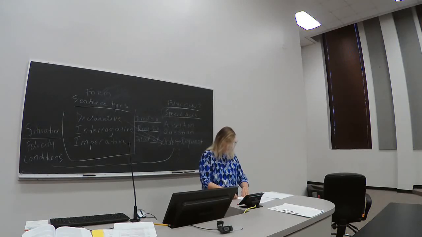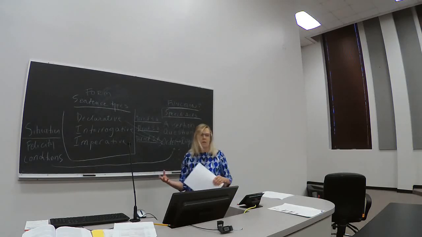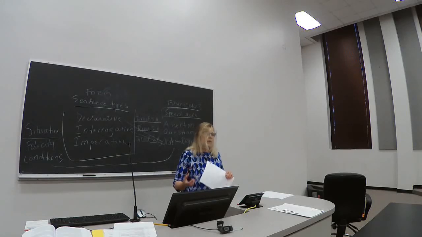So we've talked about directness and indirectness and rules of conversation, Grice's maxims. These are glossed over in your textbook, but they are extremely interesting, because conversation looks really messy.